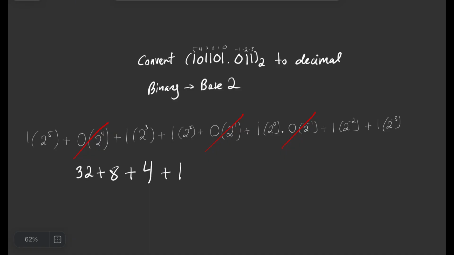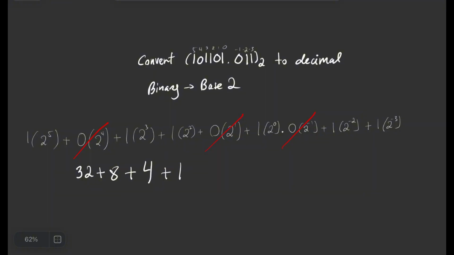Do you guys understand what I did there? I did 1 times 2 to the 5, which is 1 times 32, then plus 1 times 2 to the 3, which is 8, then plus 1 times 2 to the 2, which is 4, and then plus 1 times 2 to the 0, which is 1.